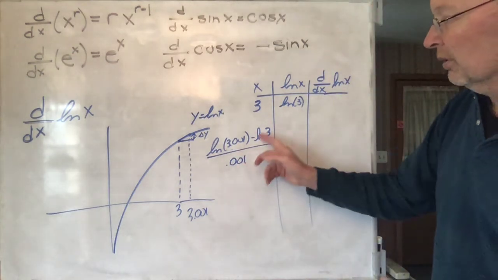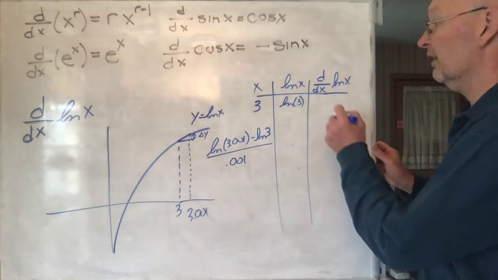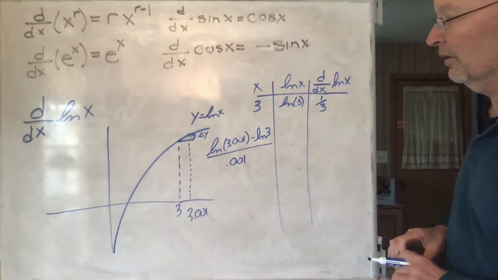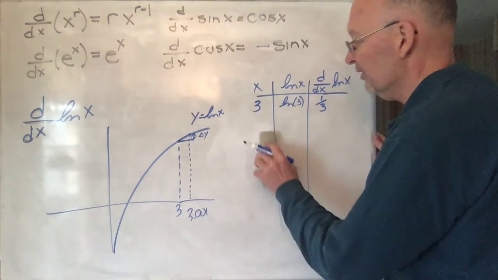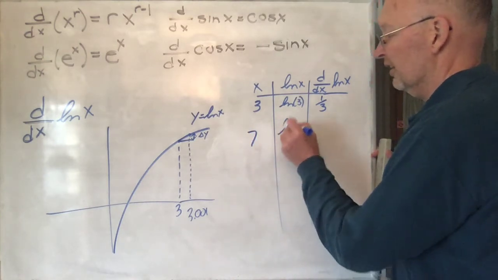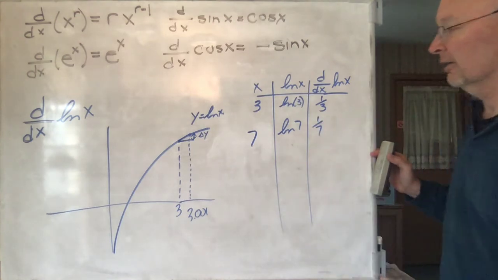And if you calculate this, you're going to get something very, very close to 1/3. Okay? If you go on and try it at some other points, say 7, you're going to get the ln of 7, and you're going to get 1/7 right there.